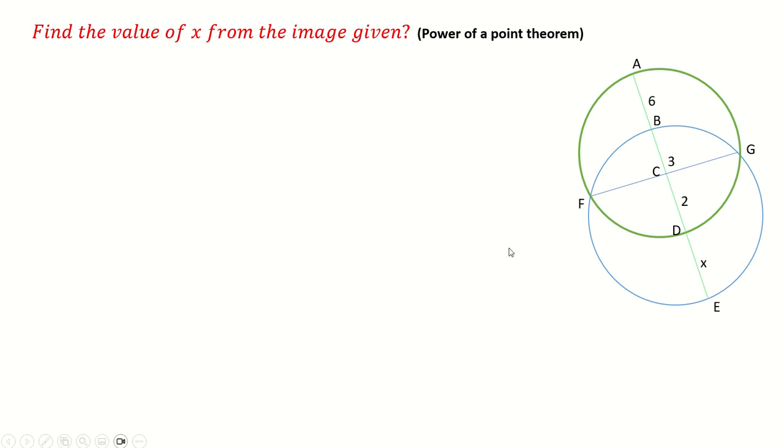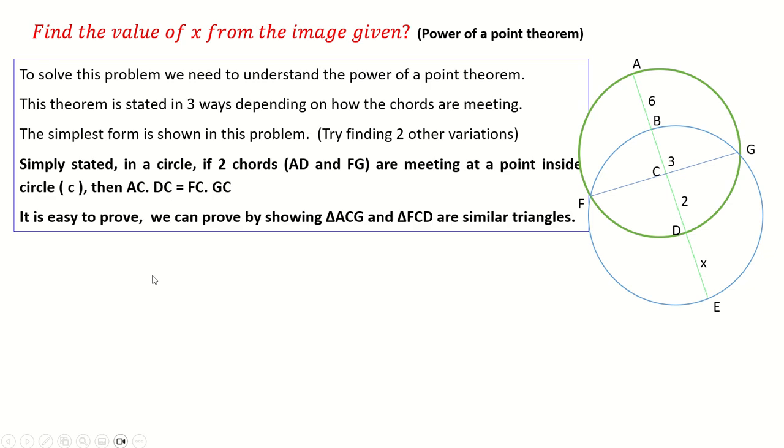Is it possible, first thing? I just randomly gave two circles. Circles can be bigger, smaller, they can move up and down, and then the X value will change, right? So is it possible? To solve this problem, we need to understand the power of point theorem.